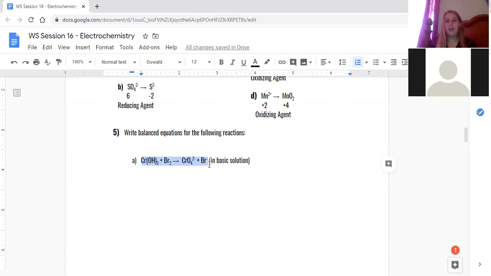You can just break it up: Cr(OH)3 is going to go with CrO4 2-. And then the Br2 and the Br- are both going to have to go together also.